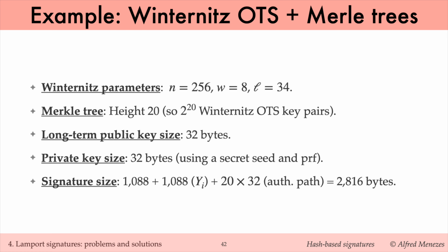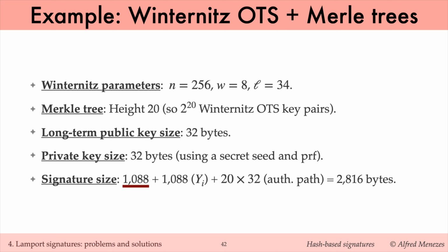Recall that a Winternitz signature itself is 1088 bytes long. The additional data included in the signature is the OTS public key Y1, which is another 1088 bytes, and 20 hash values for the authentication path from H1 to the root.